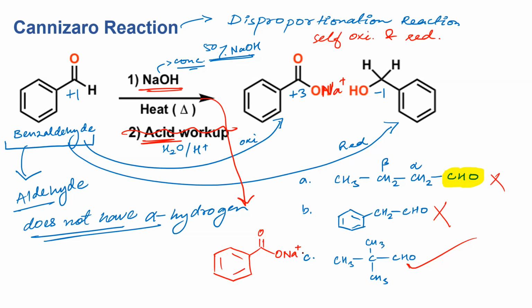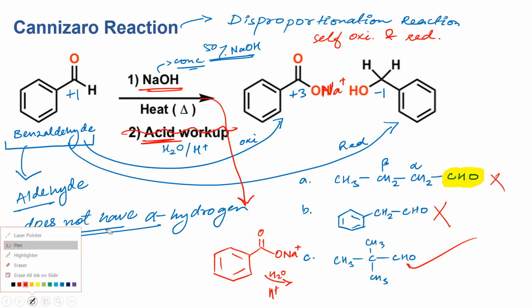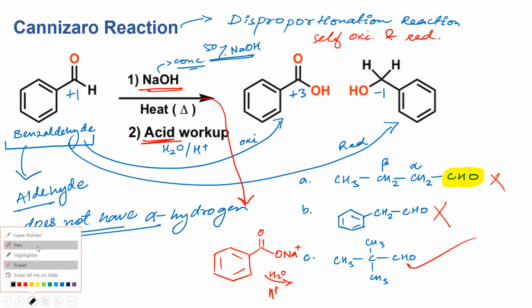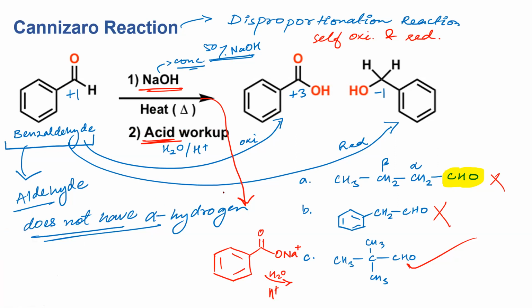If I add water, H2O in the presence of H plus, the Na plus will be substituted and you will get hydrogen in place of Na plus. That is carboxylic acid only. Is this clear? You understand the use of the acid workup now? If you don't have the acid workup, you will get the sodium salt of carboxylic acid, which is this compound.